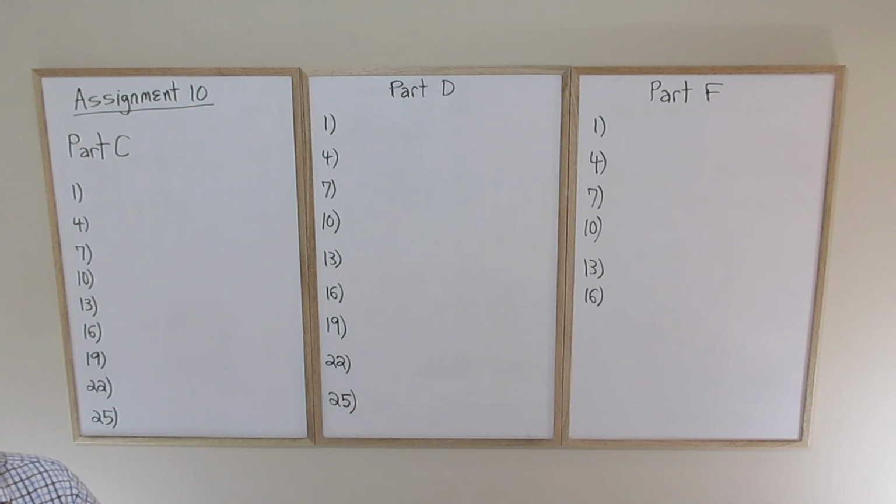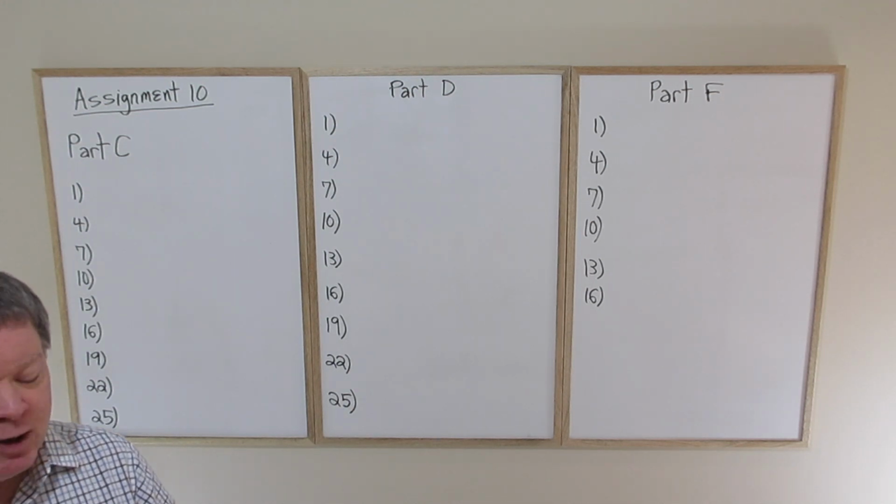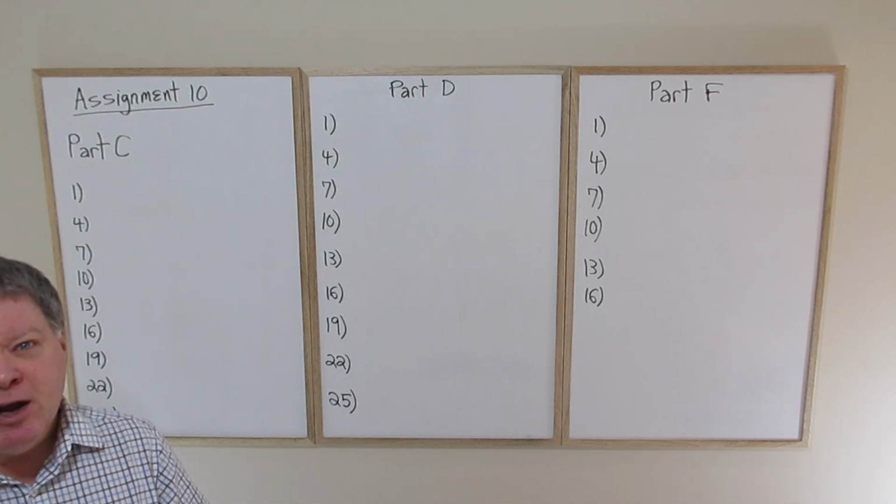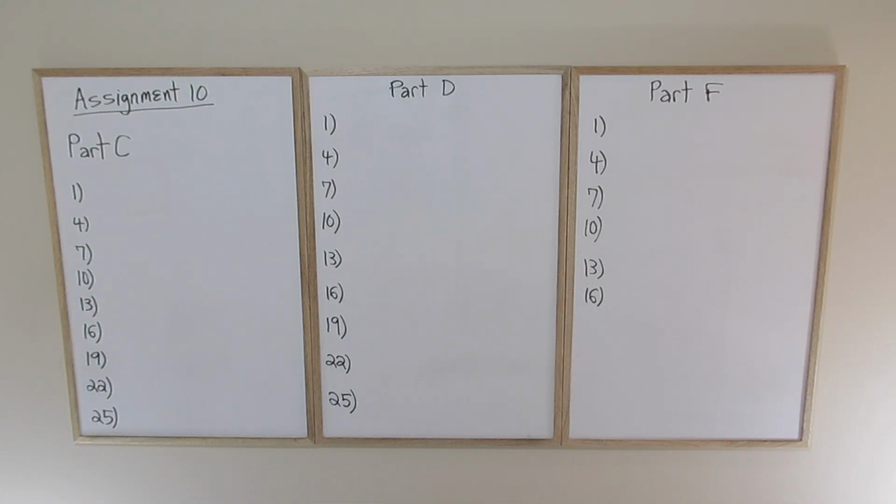We can do this by starting off with the questions in assignment 10. For assignment 10, the first page of the file is the question sheet, and then the later pages in that file are the solutions. We'll start off then in the top left-hand corner with part C.